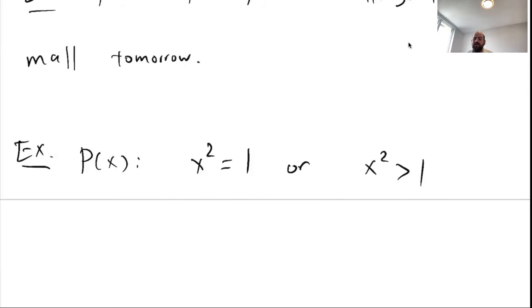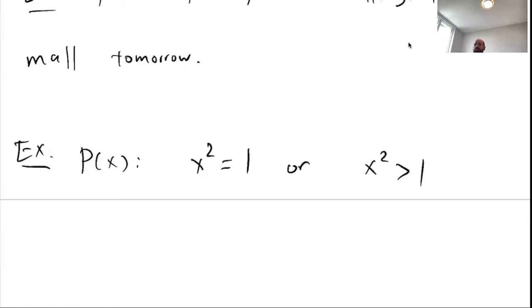Try to compare it with the examples we saw last time. For example, last time we said 2 is bigger than 1. Well, 2 is bigger than 1 is true, or 0 bigger than 1 is false. So there is no doubt about it, and they don't depend on a certain number or variable appearing in the proposition.